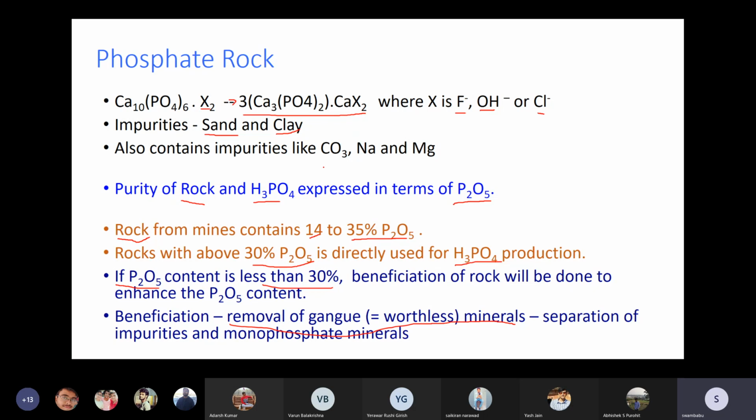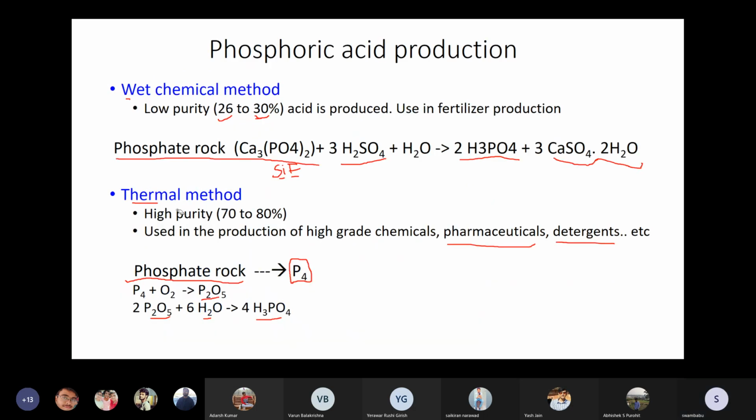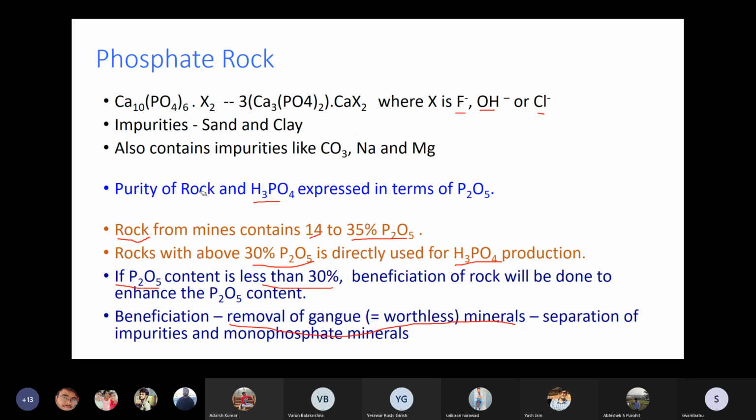So in this slide, I am basically talking about three important points. That is, what is phosphate rock? Phosphate rock contains impurities, and the phosphate rock purity is expressed in terms of P2O5. Typical phosphate rock has 14 to 35% P2O5 purity.